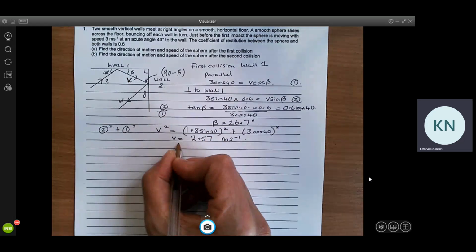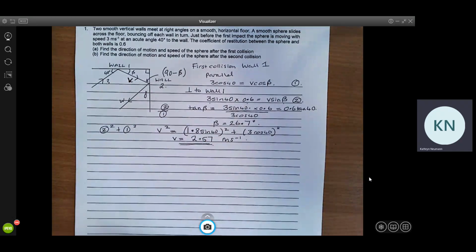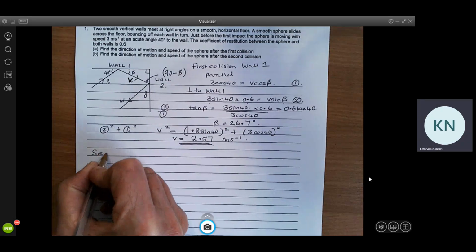We might not be asked to find it exactly, in which case we can just work like this. Now the second collision, let's see what's happening there.